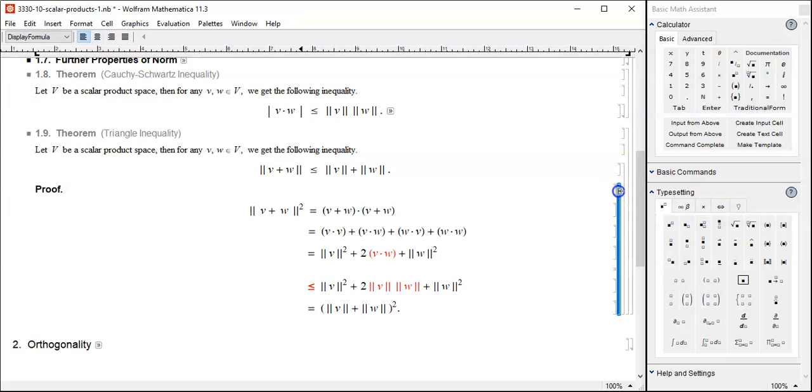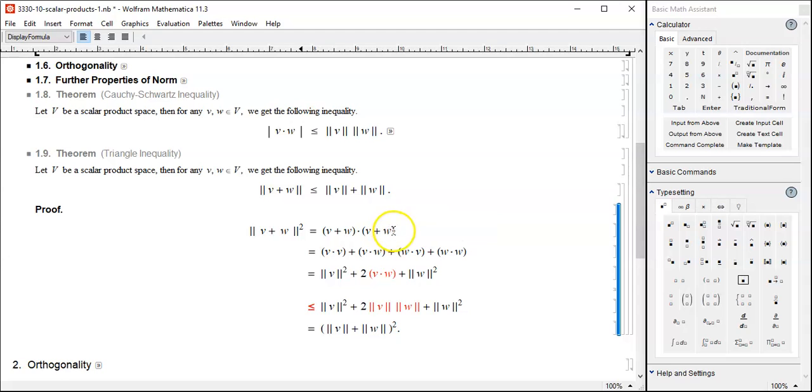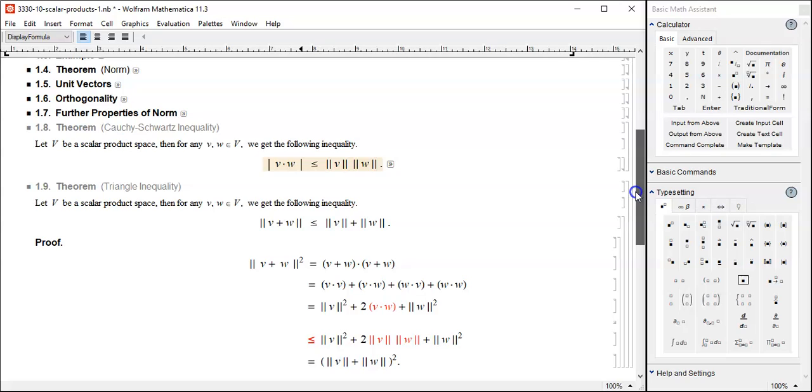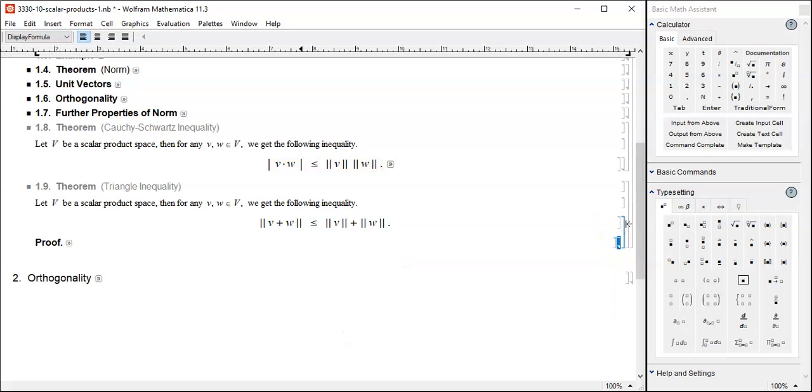Now, if you take that and apply that to the subadditivity, we get to jump from here to there. This red is less than or equal to that red because of the Cauchy-Schwarz inequality we just proved. Okay, so much for these two inequalities.